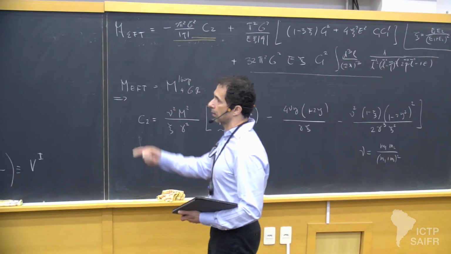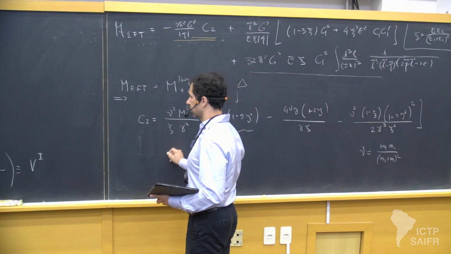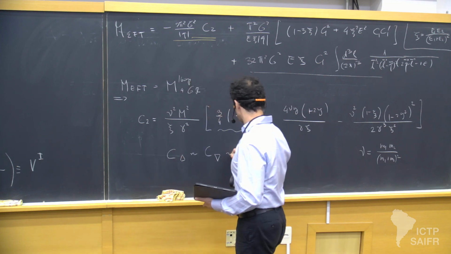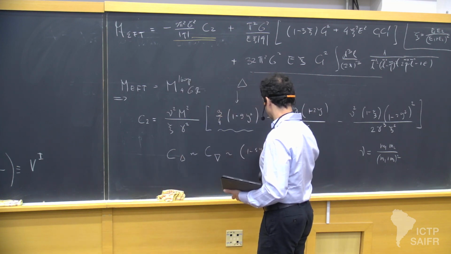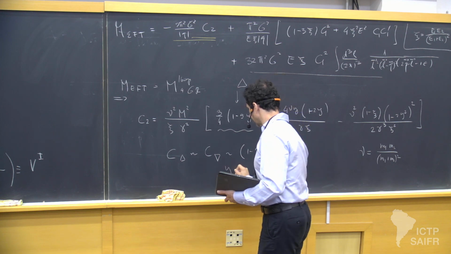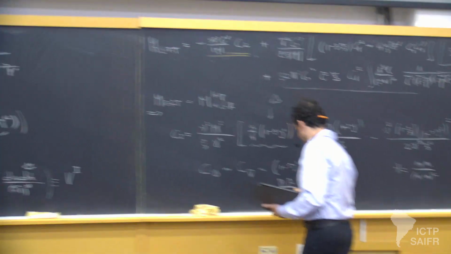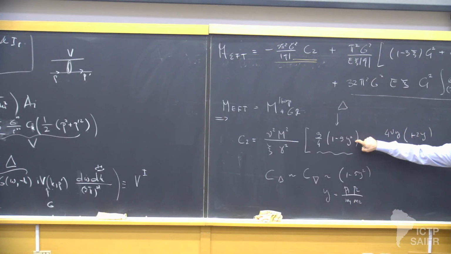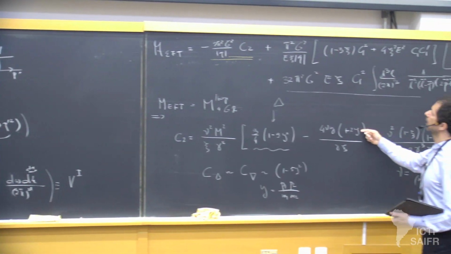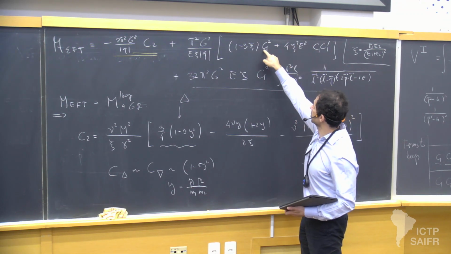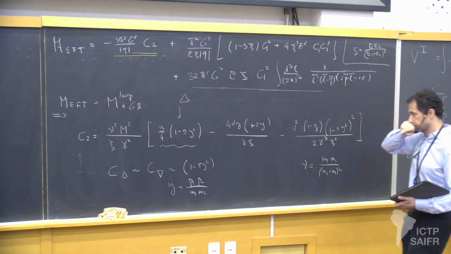I didn't write the coefficients for GR, but C triangle is proportional to C. The other triangle is proportional to 1 minus 5 y square. So y is P1, P2 by M1, M2. So this term comes straight from the triangles, and these guys, they come from using the specific form of C1 and C1 prime.